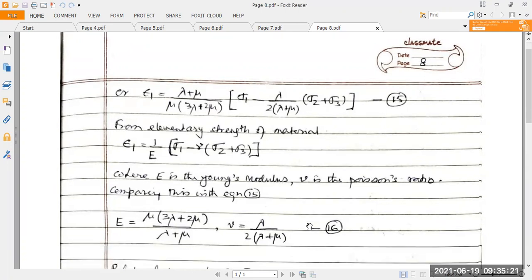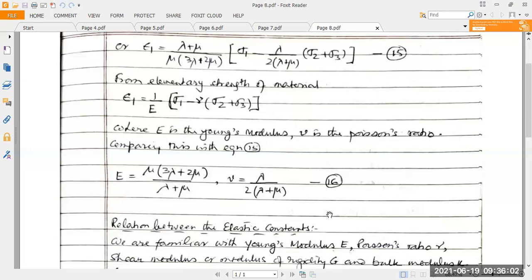Comparing this with equation 13, or equating them, we'll find that E is equal to mu into 3 lambda plus 2 mu, divided by lambda plus mu itself, and nu is equal to lambda divided by 2 into lambda plus mu.